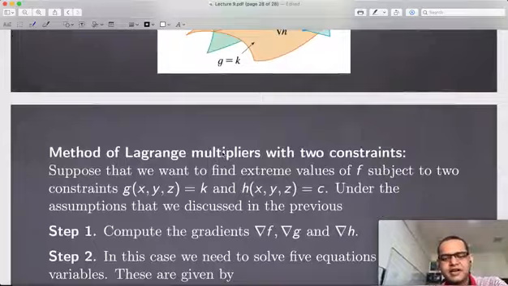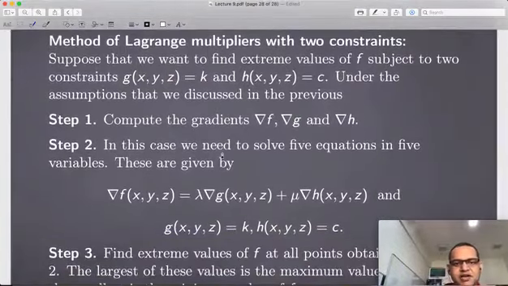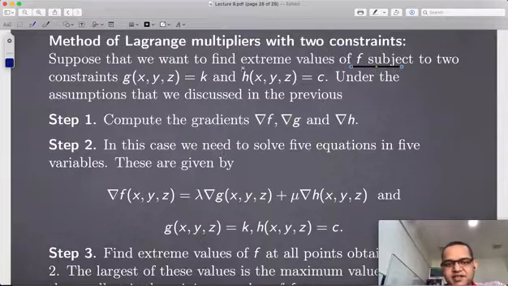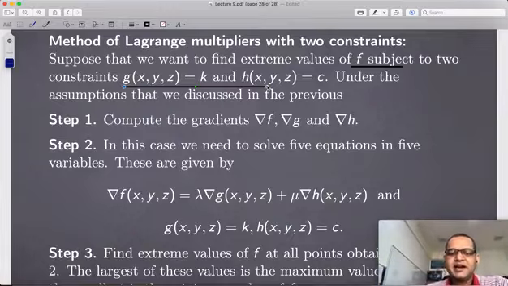So again we can apply this method in the following steps. You start with a function and then two constraints. Again you have to assume that the absolute maximum and minimum exist for f, otherwise we don't talk about it, and the gradients exist and are non-zero and non-parallel.